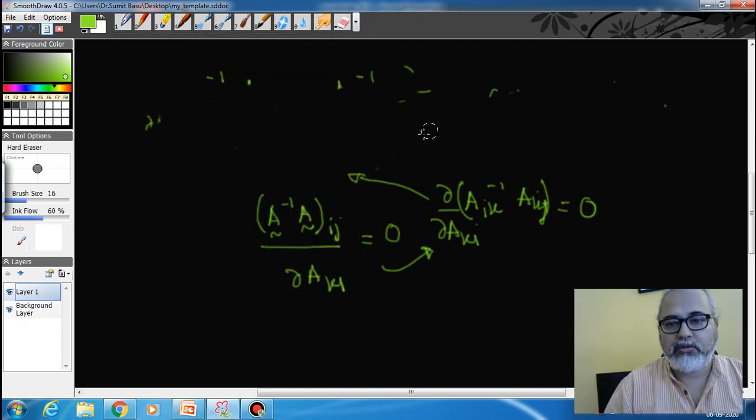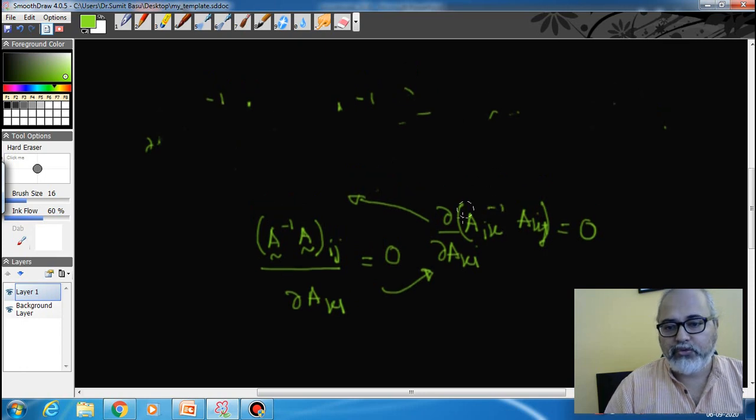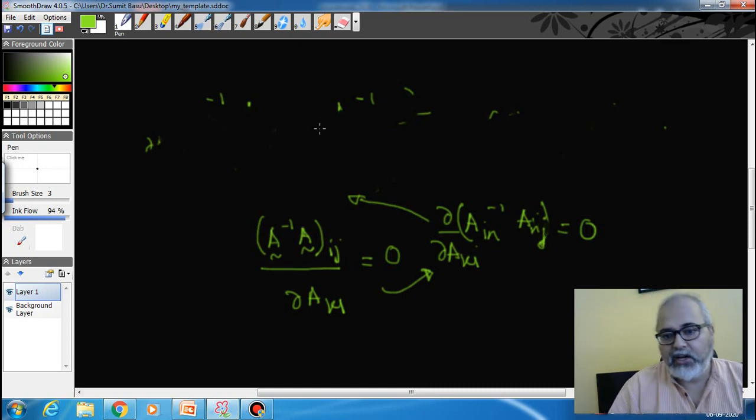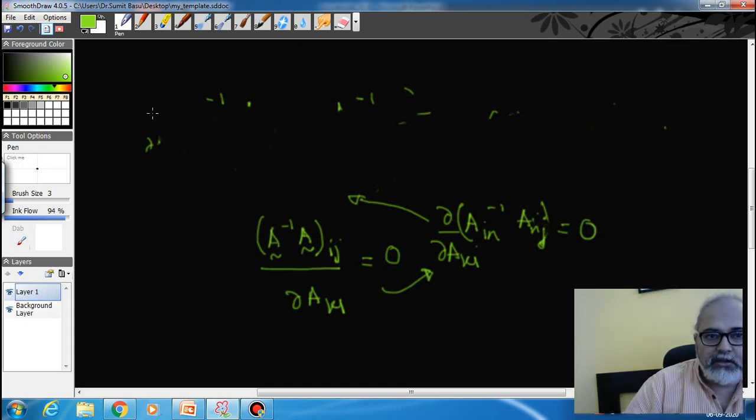Here I should not have used this k because k was already there. So I should use something else. Let me use, let's say, n: A I n inverse then A n j. I used k more than twice, so that confuses the relation, so I shouldn't have done that, and you shouldn't do it either. Now I can take the derivative.